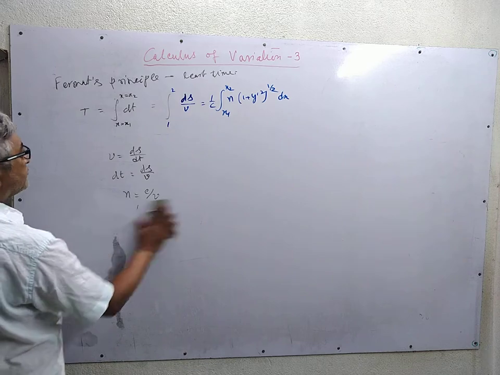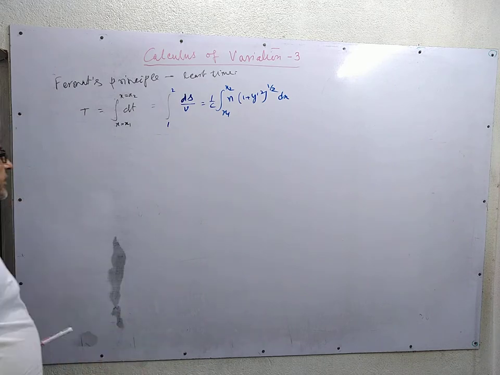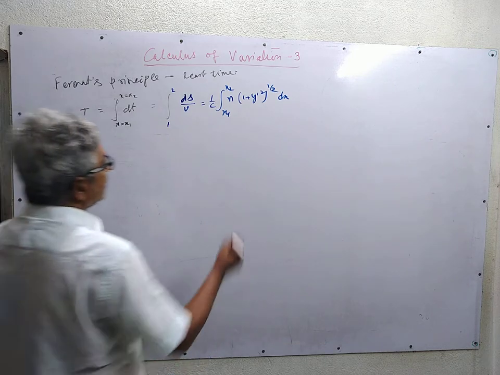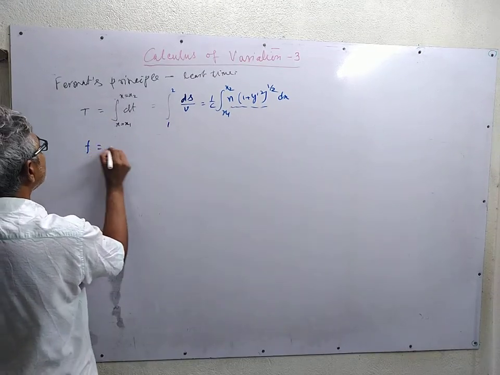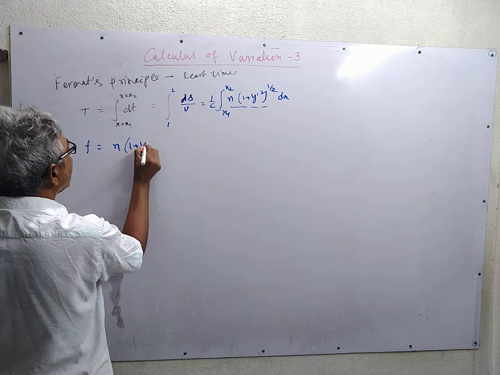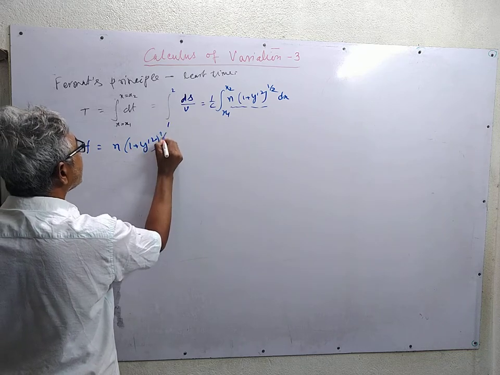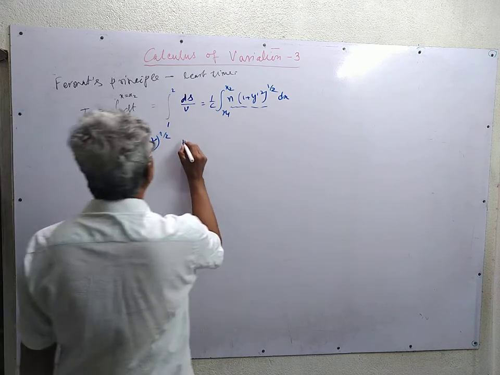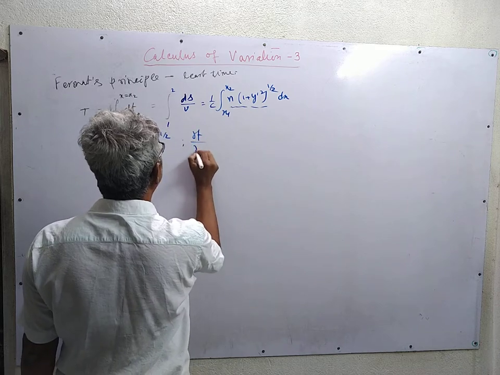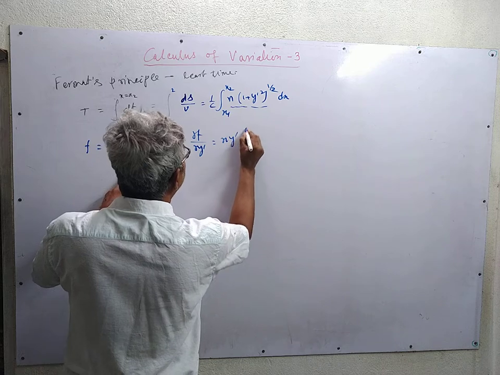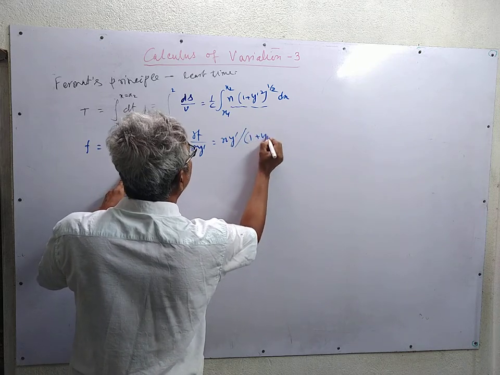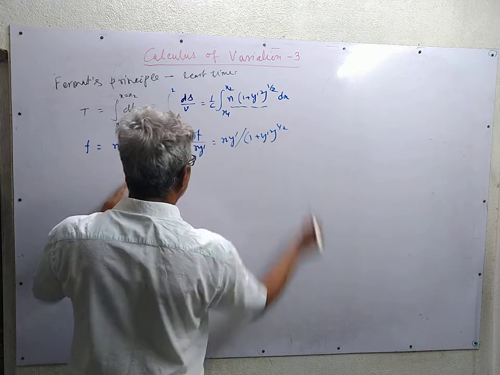Our objective is to minimize t, so we define the function f equal to n times the square root of 1 plus y prime square, giving del f by del y prime equal to n y prime over the square root of 1 plus y prime square.